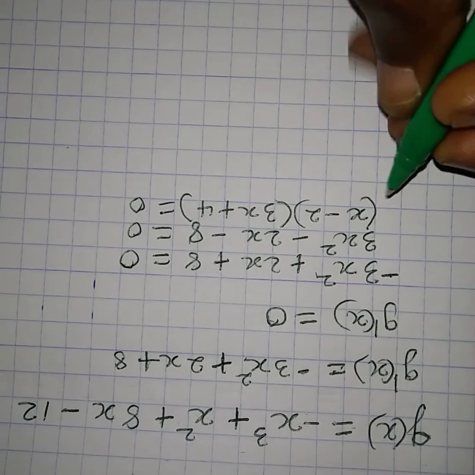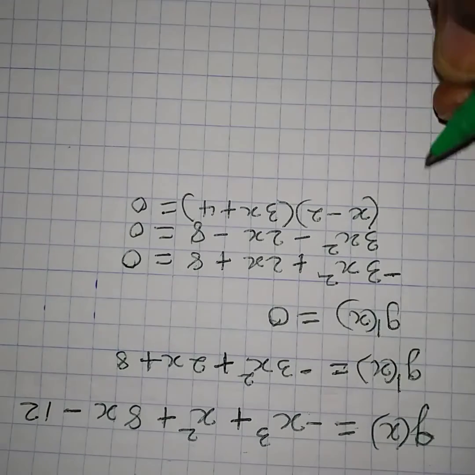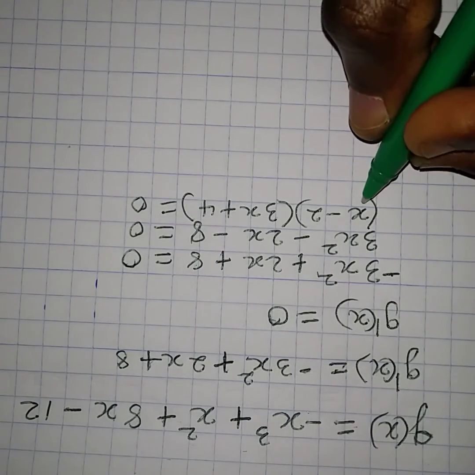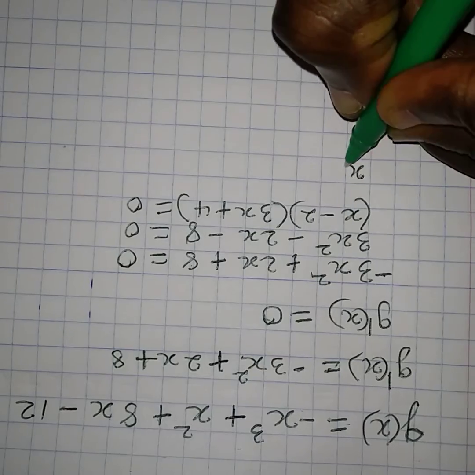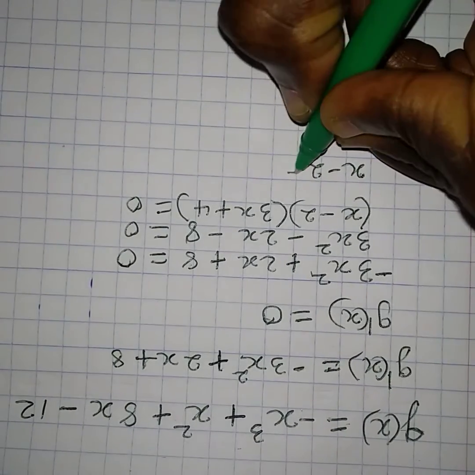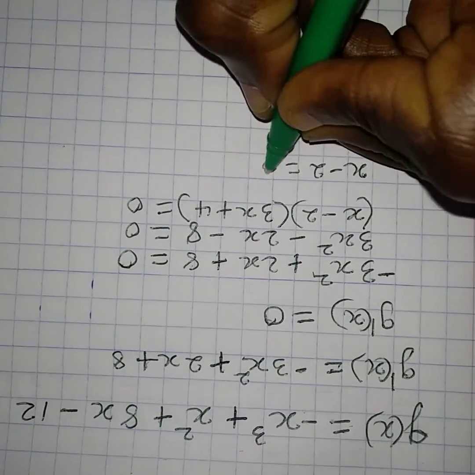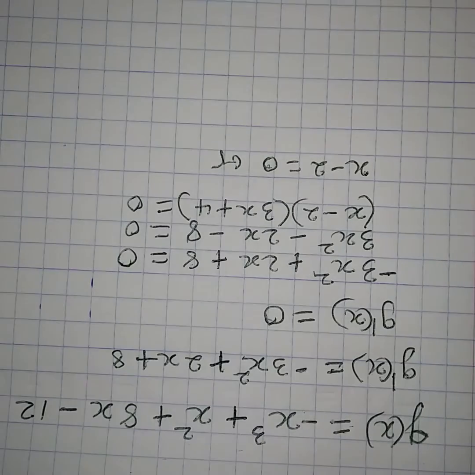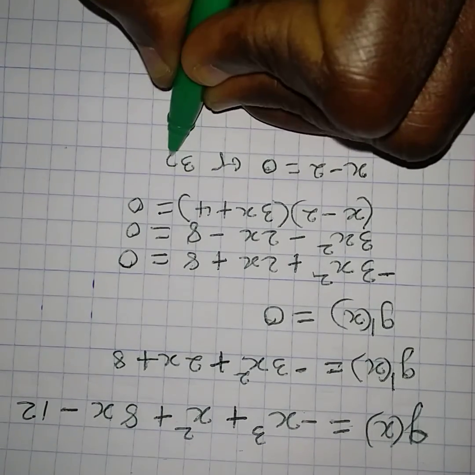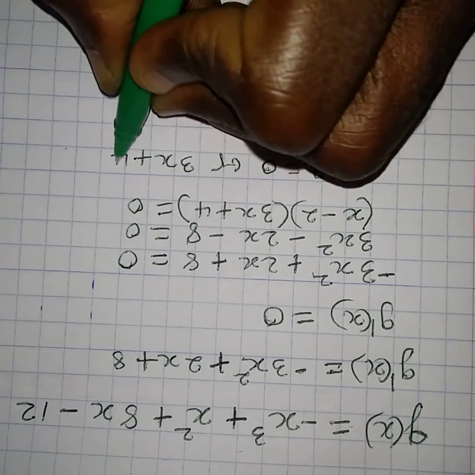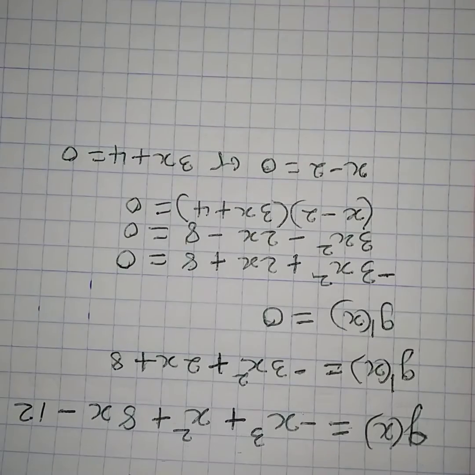So now we have the two brackets that are equal to 0. So obviously we know that x minus 2 should be equal to 0. This is the product rule, as you know. So 3x plus 4 is equal to 0.